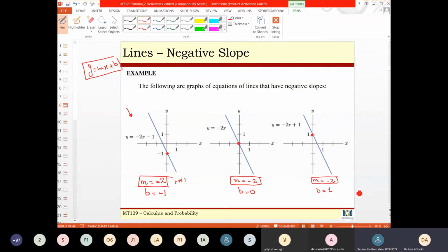And this is what we'll discuss later: how to draw the line, how to find the equation of the line, and how to use the slope to draw the line.